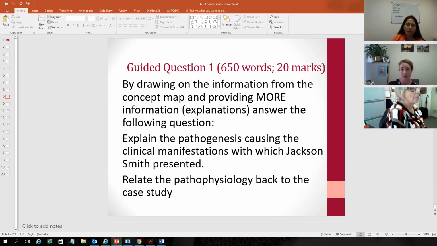You can link back a couple of the different signs and symptoms, but make sure you cover all of them and always relate to Jackson. You don't need to talk about other signs and symptoms that aren't there, although they may relate to acute severe asthma in an adult, but please explain each of the ones that have been included in the learning guide.